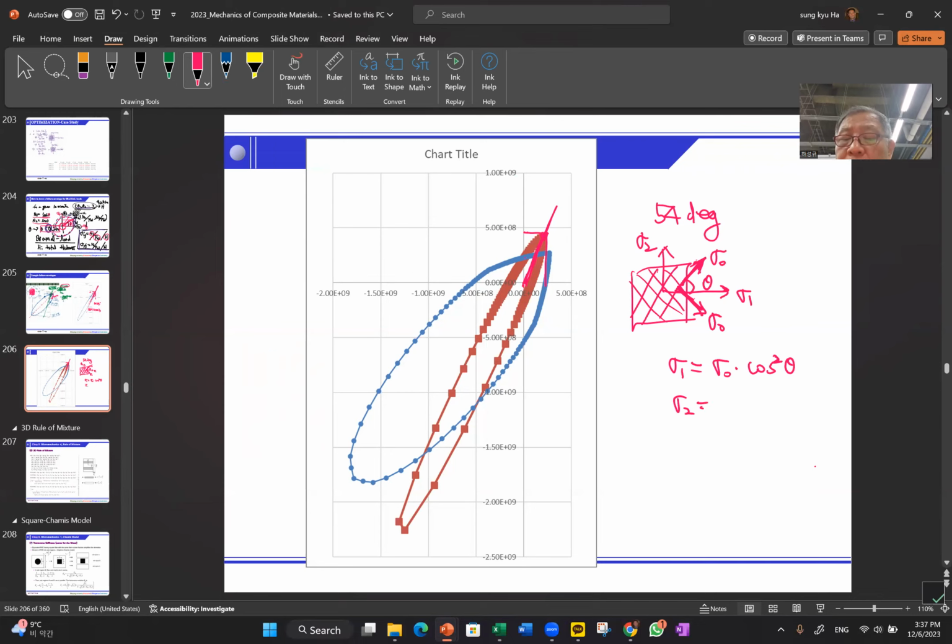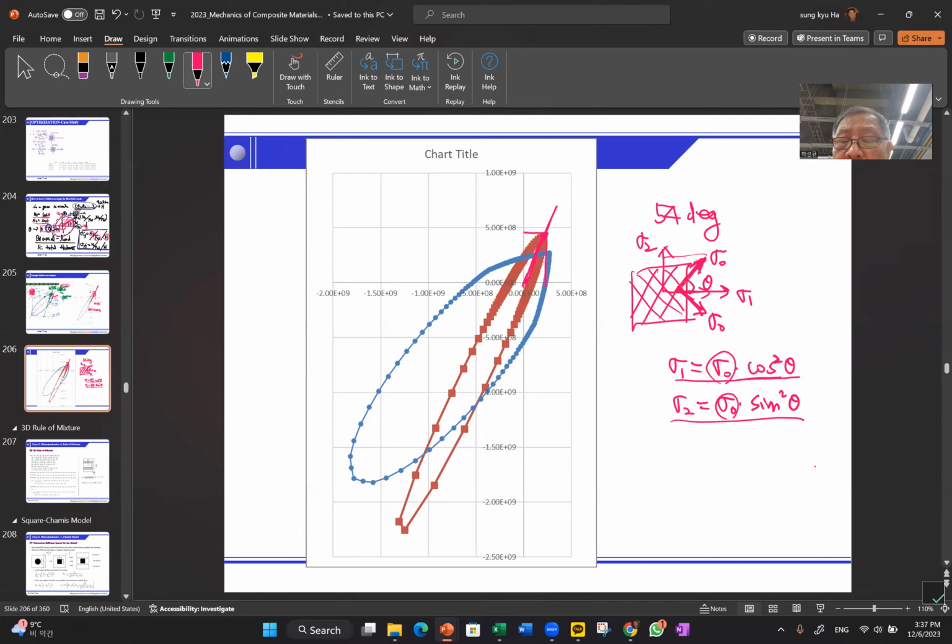And sigma 2 is sigma 0 times sine squared theta. It's maybe a little bit new to you, but again, we have a stress sigma 0. We assume only the fiber supports the load. That is sigma 0. Now, with that stress, we transform this stress from the one direction into the two direction. So this is the stress transformation.